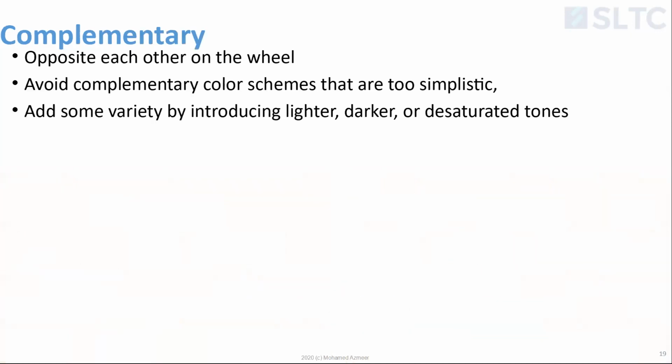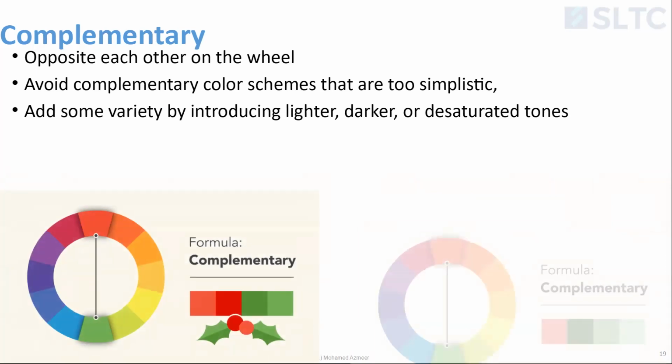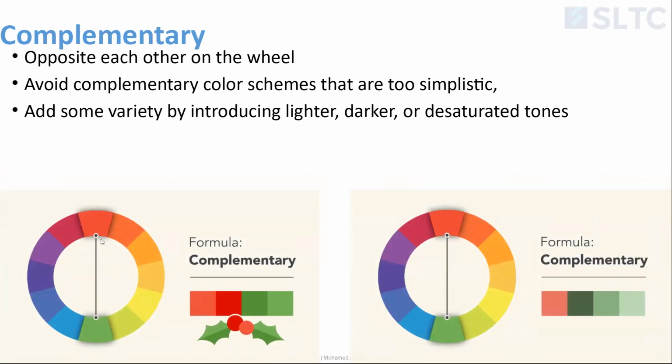Then we have another version called the complementary color. There we pick up opposite colors, like red and green, right? Like in here, for example, Christmas flowers, you can see they're nicely matching. And there are shades, isn't it? There's a darker red, a lighter red, darker green, lighter green, and they're beautifully matching. Here also, you can see there are shades, a beautifully matching color theme.